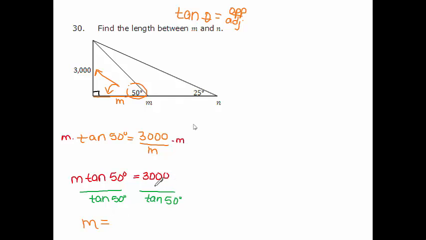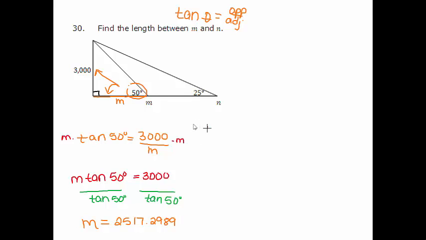So M is equal to 3,000 divided by the tangent of 50, and that's going to be 2,517.2989. I'm going to keep several decimal places until I'm finished.